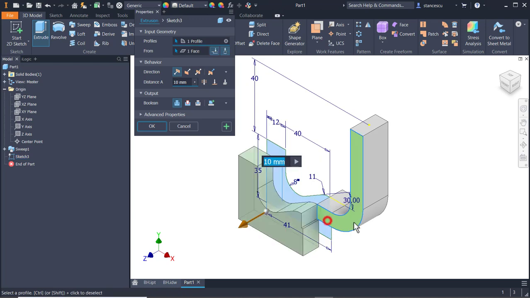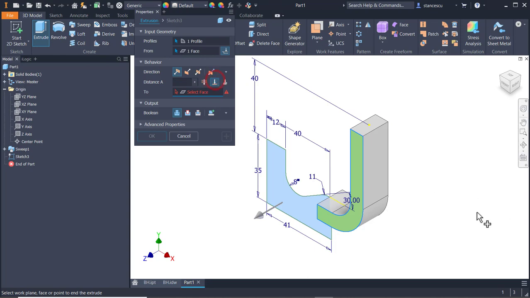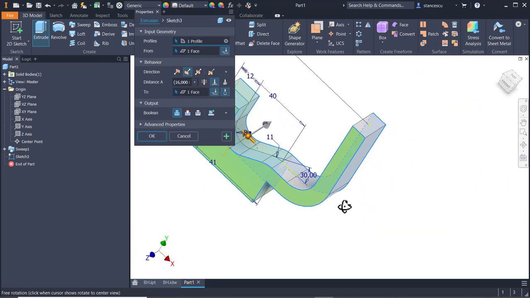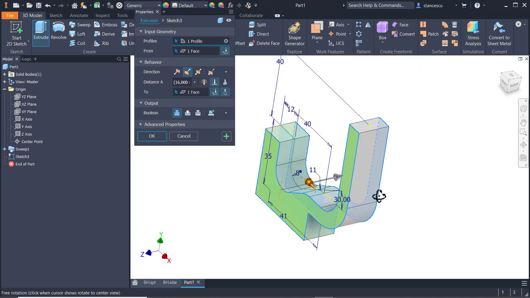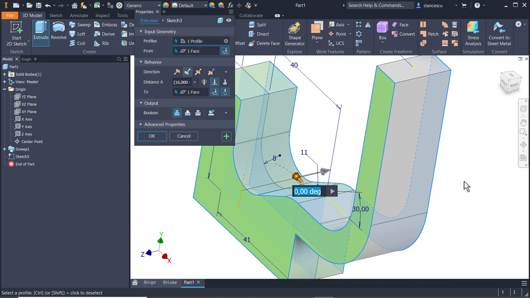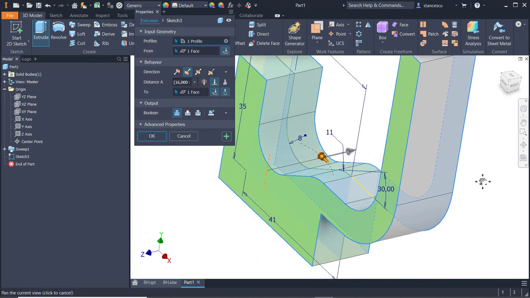This plane and to this plane. I want to underline the situation. We created a sketch in a mid-plane and we extruded it between these 2 planes.